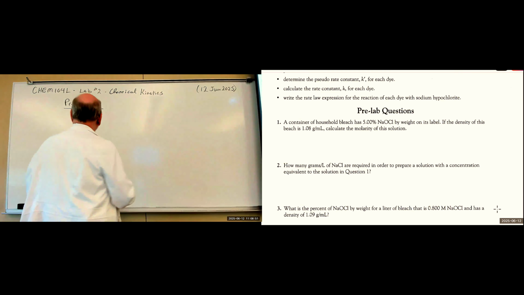So let's see what we've got. 5 divided by 100 times 1.08 and times 1,000 and divided by 74.45. So that's 0.725. 0.725 molar sodium hypochlorite.